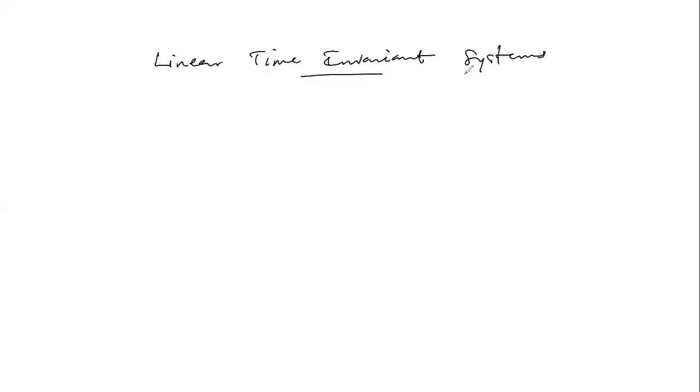So LTIs. Like we already explained, these systems are both linear and time invariant. They are time invariant in that given a system fed with an input, say S of t, at a particular instant of time, whatever we get as the output, should we feed that input at some other instant of time, we should get that same output.